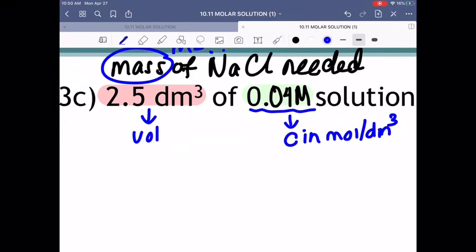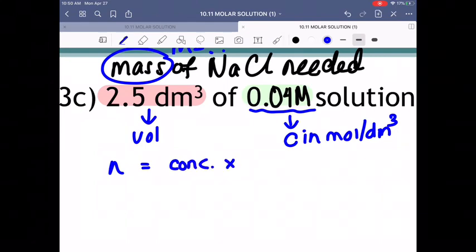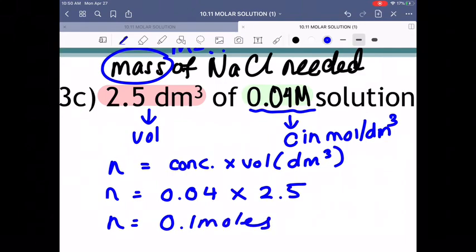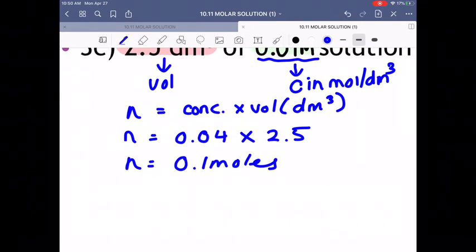So use the famous formula. You have volume and concentration. Number of moles is equal to concentration times volume. This one is already in dm³, so no need to divide by 1000. So the number of moles is equal to concentration 0.04 times volume 2.5. You should get 0.1 moles.